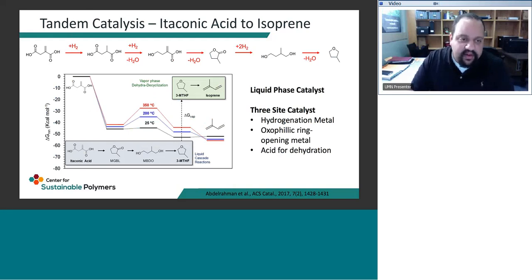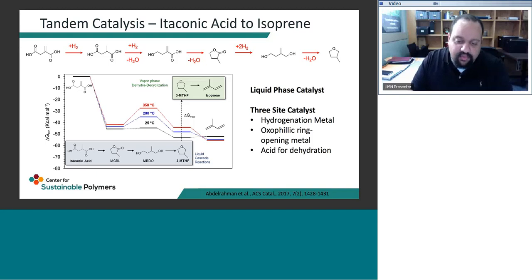There are several steps along the way, and to complicate matters even further, you have both liquid phase and vapor phase reactions. So what was done here was to develop a hydrogenation metal catalyst, because that's part of the functionality needed, as well as something with acid capabilities, because you're also going to have dehydration needs to form your isoprene.